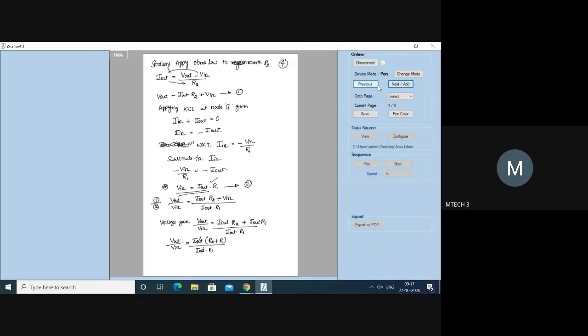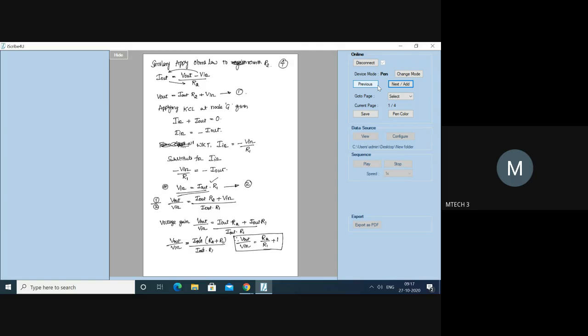Iout gets cancelled. Therefore, finally, Vout by Vin is equal to R2 by R1 plus 1.